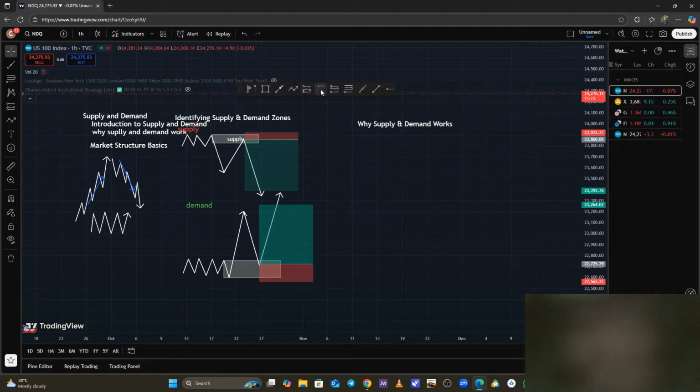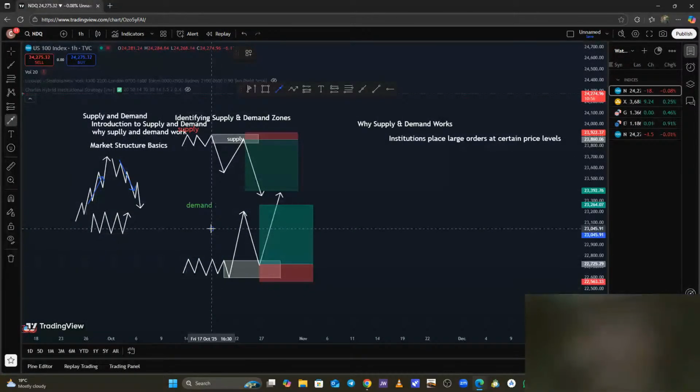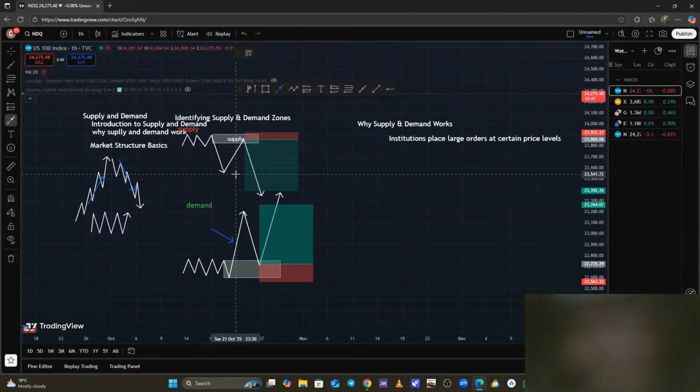So number one, when you're trading supply and demand, we are basically trading with the institutions, because of these sharp moves that we are waiting for before we trade. Institutions place trades or orders at certain price levels. So when you see a sharp move like this one, you know that it was not a small trader or small orders that caused such a move.